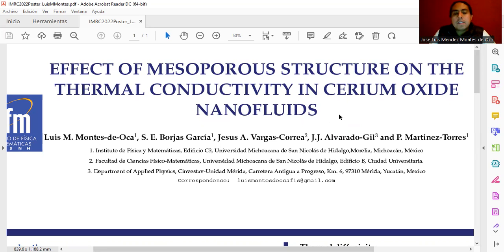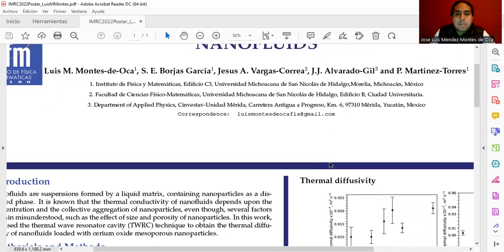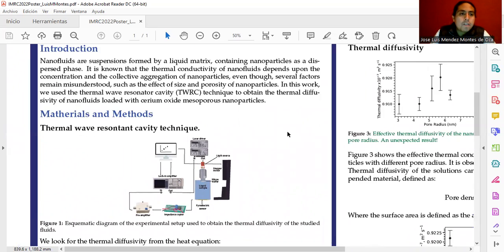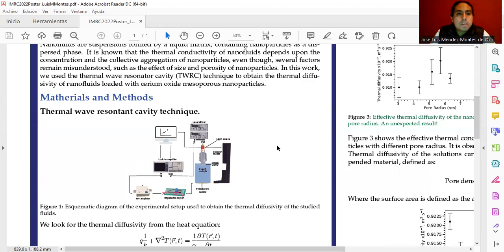In this case, these nanoparticles have porosity, and we want to investigate the effect of porosity on the thermal diffusivity and thermal conductivity. For this purpose, we use an experimental technique called thermal wave resonant cavity.